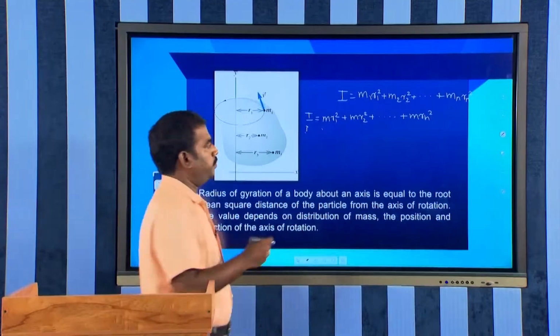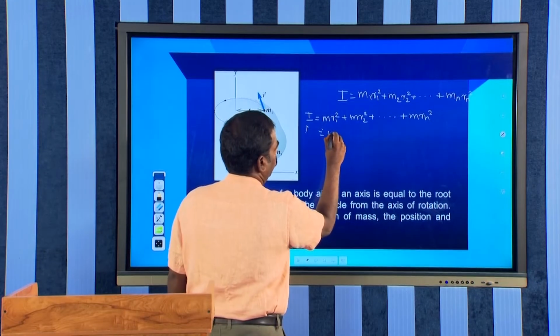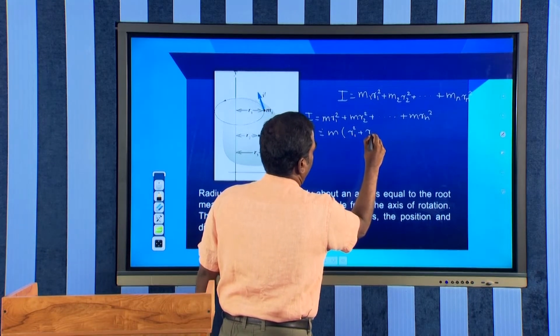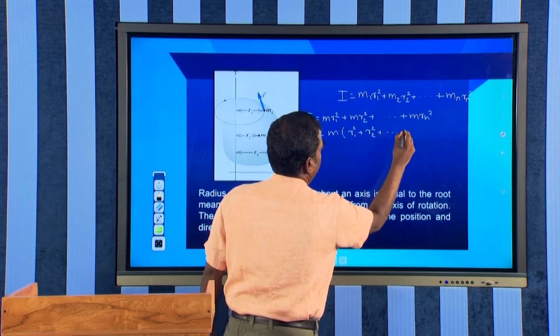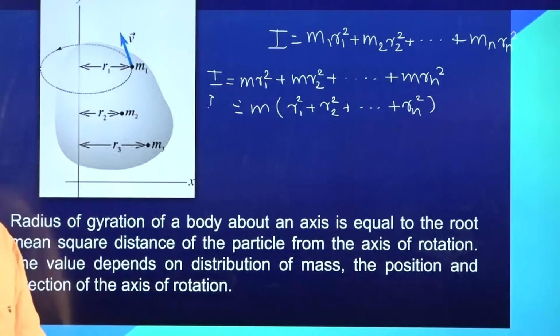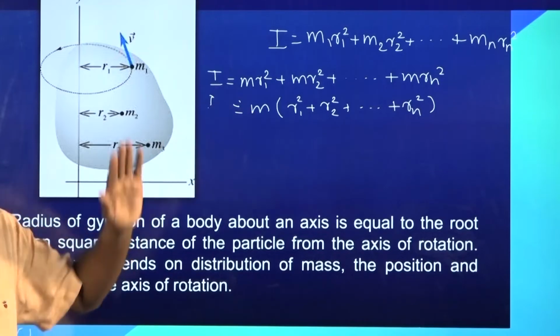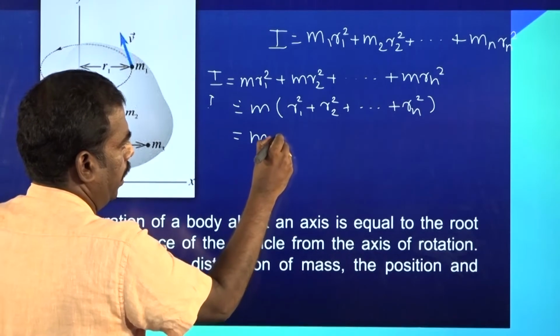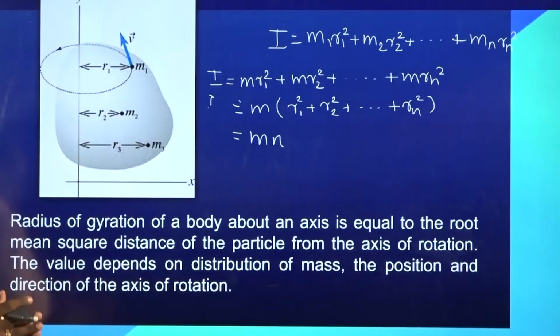The particles have the same mass. Take m outside, so it becomes m into r1 square plus r2 square plus etc. plus rn square. Multiply by n and divide by n, because we have n number of particles.